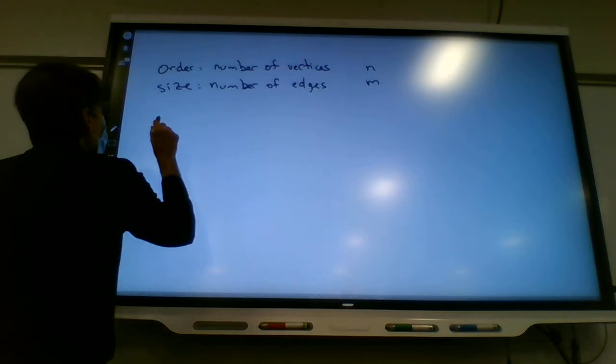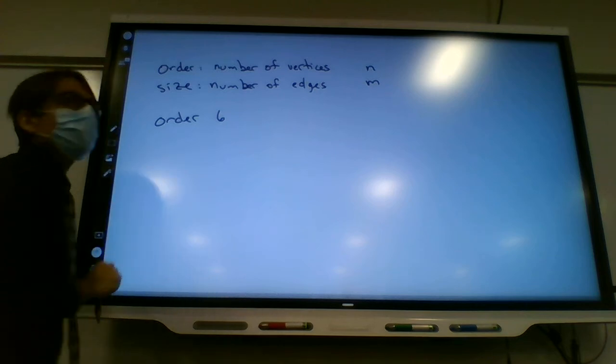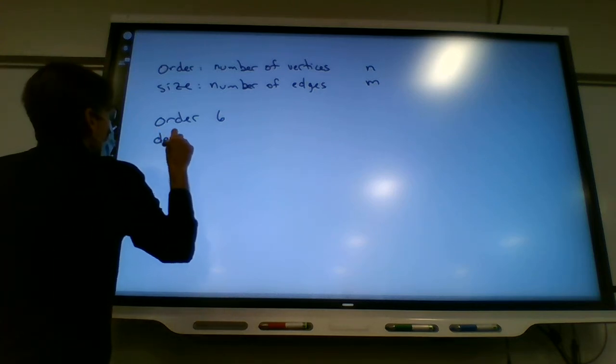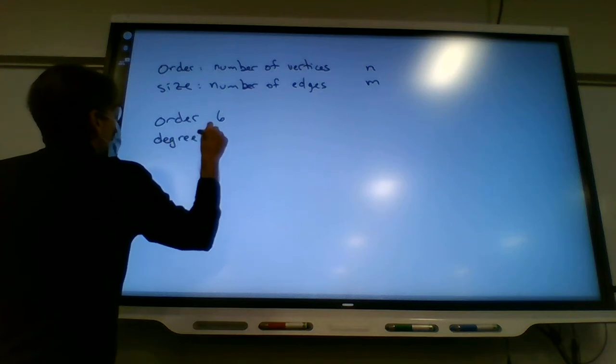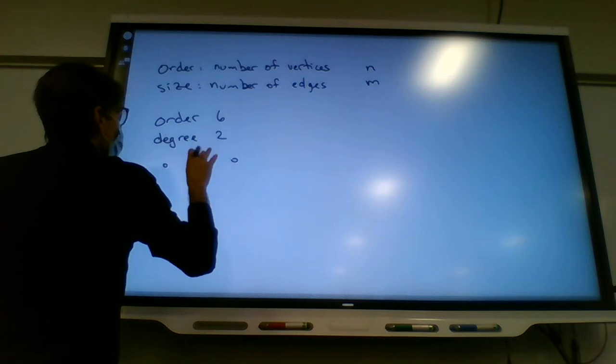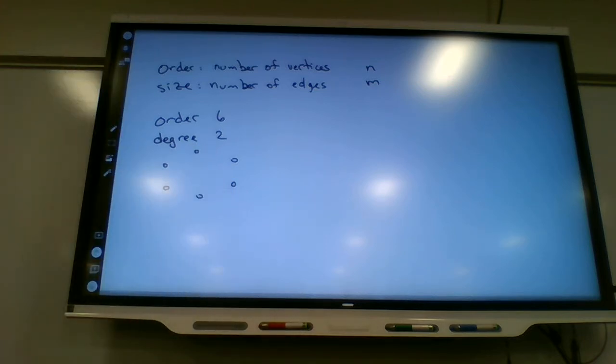All right, so let's look at order 6. And let's have all of the vertices again having degree 2. So let's draw a graph of order 6 where all of the vertices have degree 2.